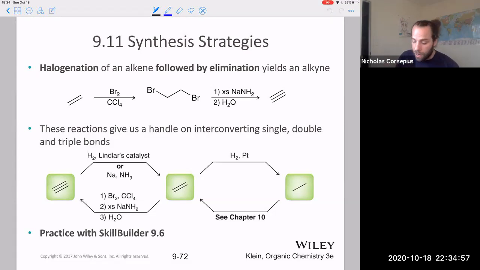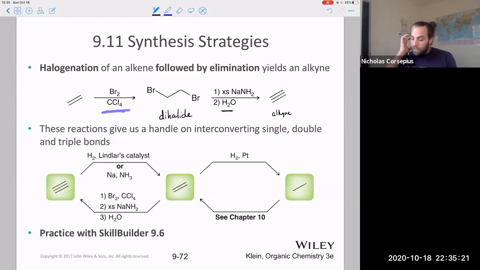You could circle around. And remember, how we do that is to first create that dihalide, right? So by doing a halogenation of an alkene, we create a dihalide, and then we can treat that with an excess of strong base, and we get our alkyne.